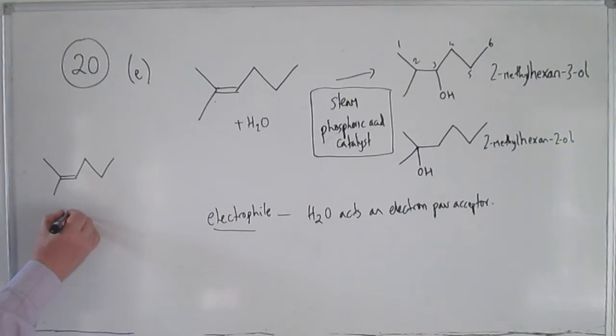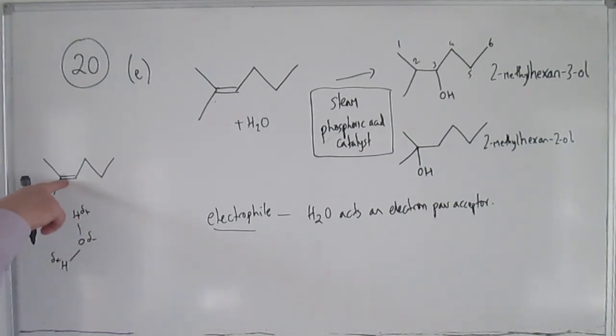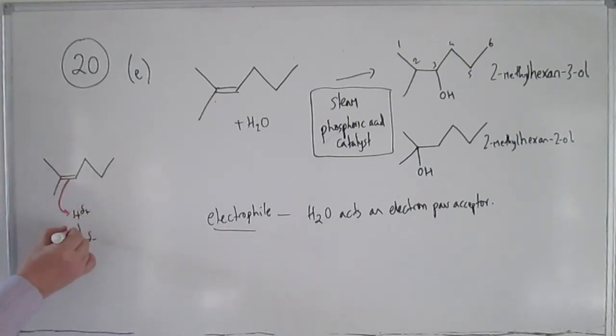Okay, so when the water attacks the alkene, it's going to attack this way round, because remember the delta positive end, which is one of the hydrogens, is going to be attracted to the high electron density of the pi bond there, and that makes this happen.